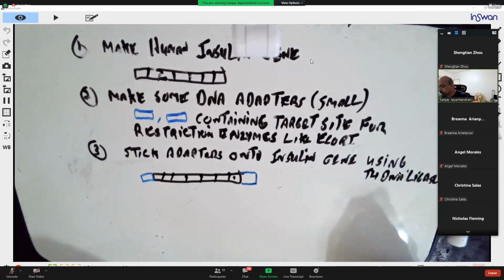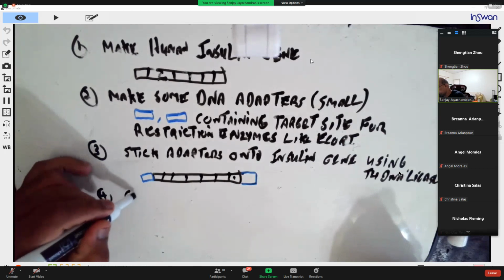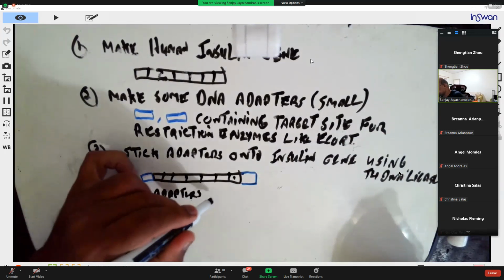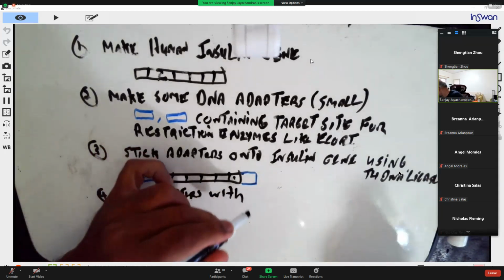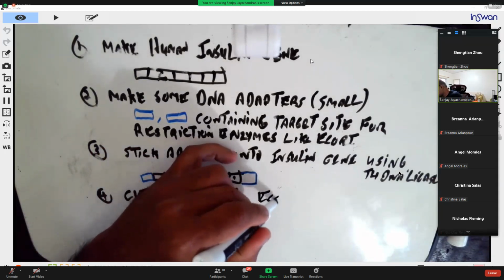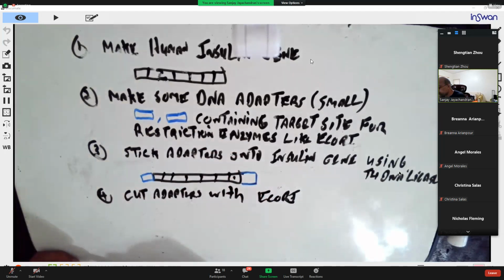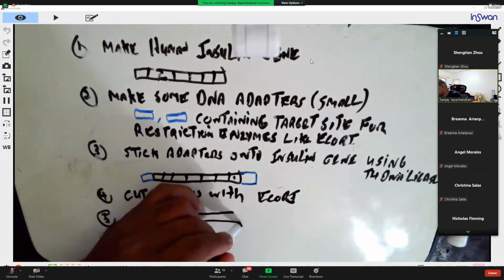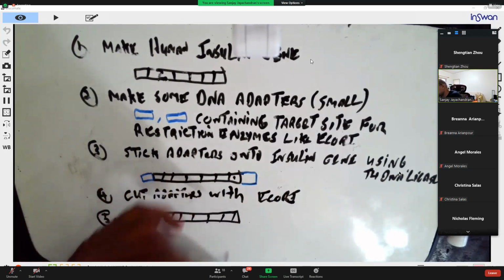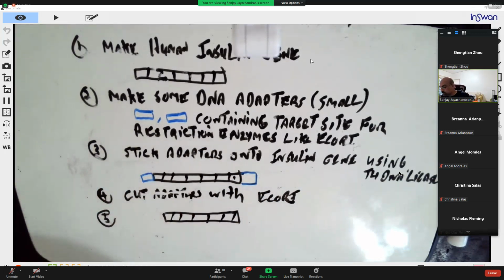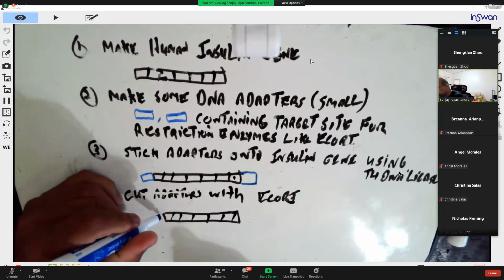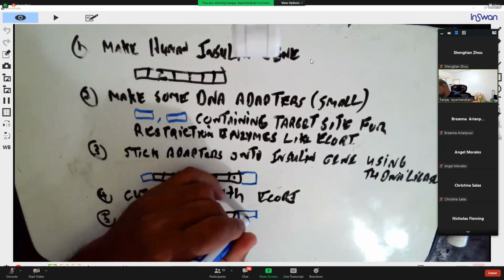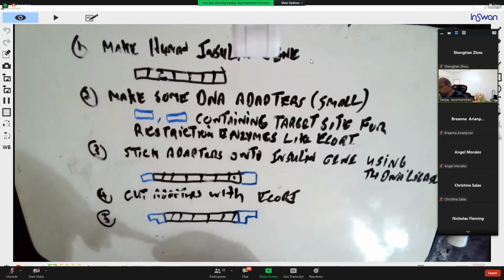Okay, then I'm going to cut my ends, cut adapters with EcoR1. Okay, so that's going to leave me with something like this. Here's my human insulin gene. Here are my adapters. Notice I'm drawing them like a L shape.